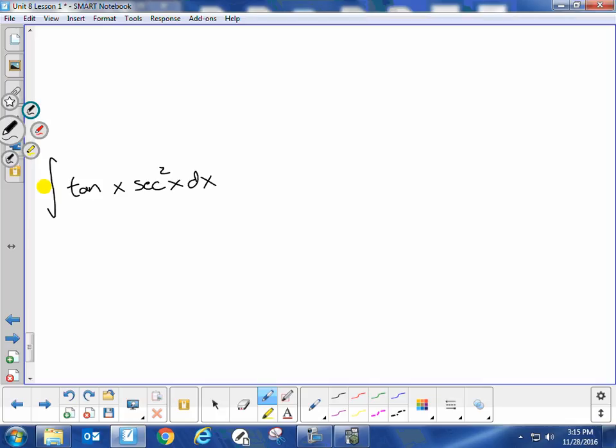Okay. Now, of course, you can rewrite this as tangent x secant x squared, right? All of my instincts are telling me to select what as u. And all of your limited instincts are telling you to select what as u. Secant, right? All right, let's take secant and let's see what happens.